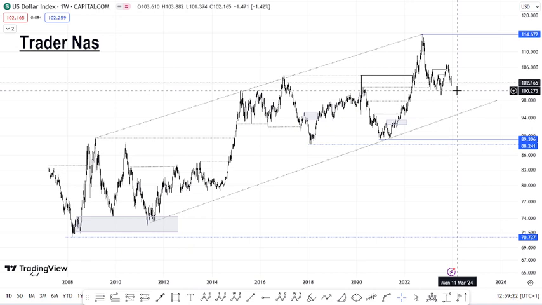The target for the Federal Reserve is to decrease inflation to 2% by 2026. So that's why you don't see any rising of interest rates, guys.